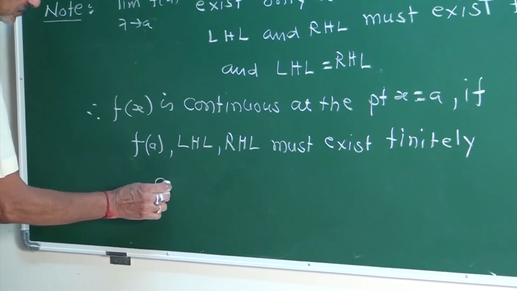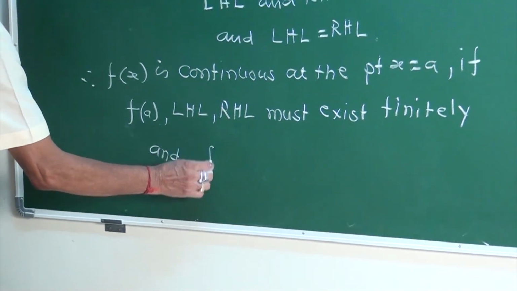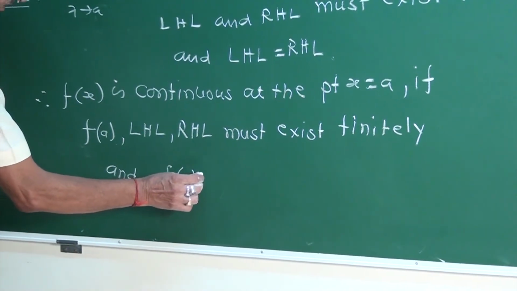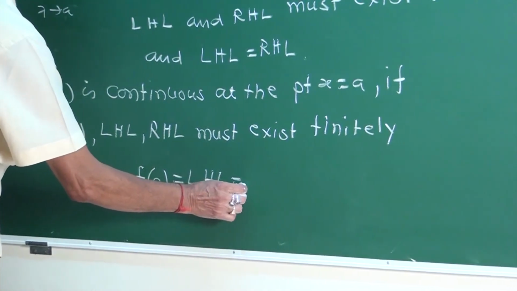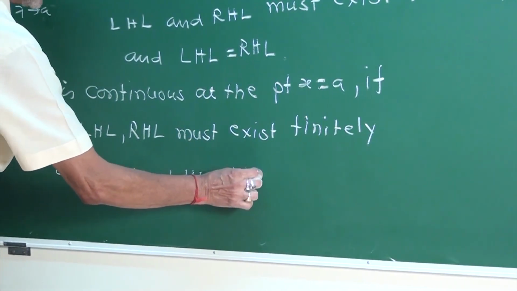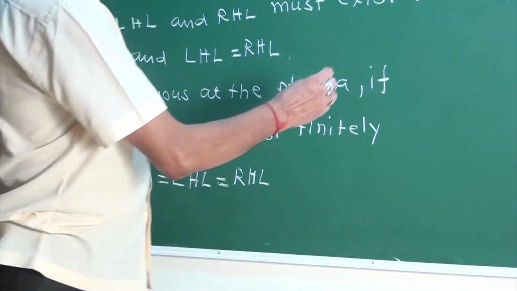The value of the function f(a) equal to the left hand limit of the function equal to the right hand limit of the function.